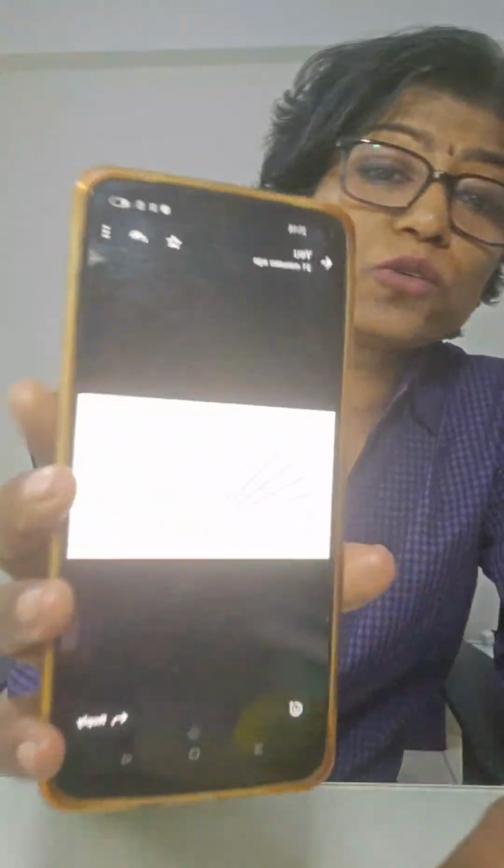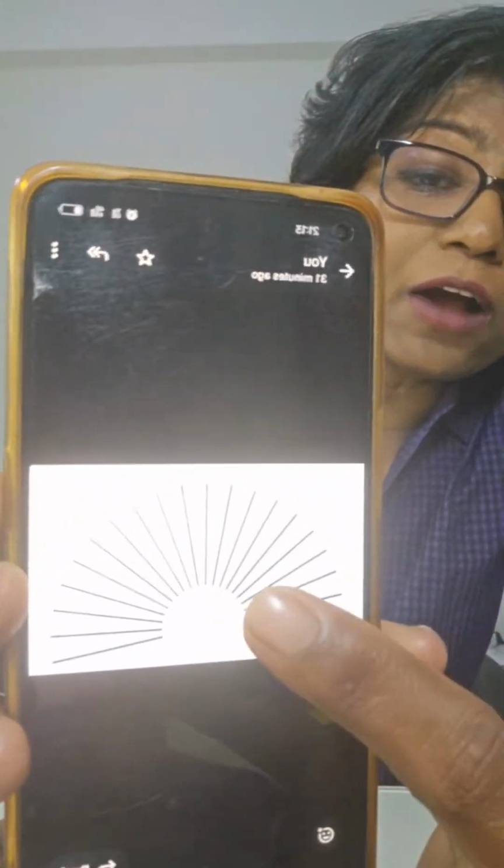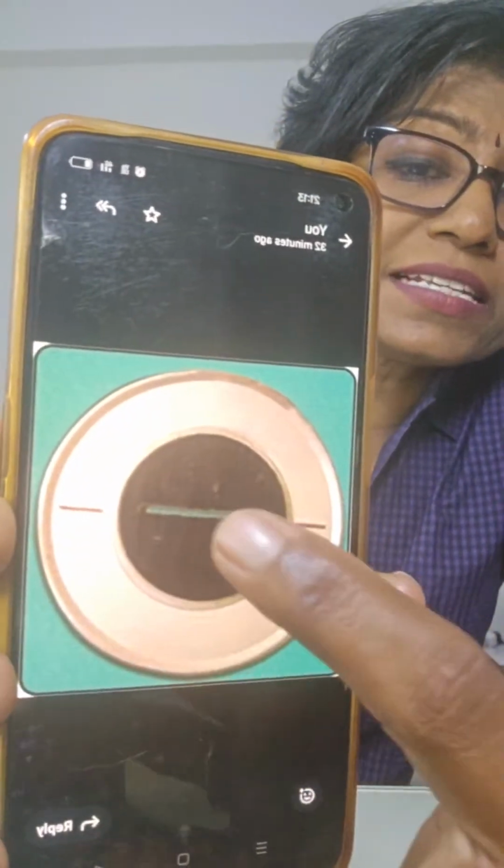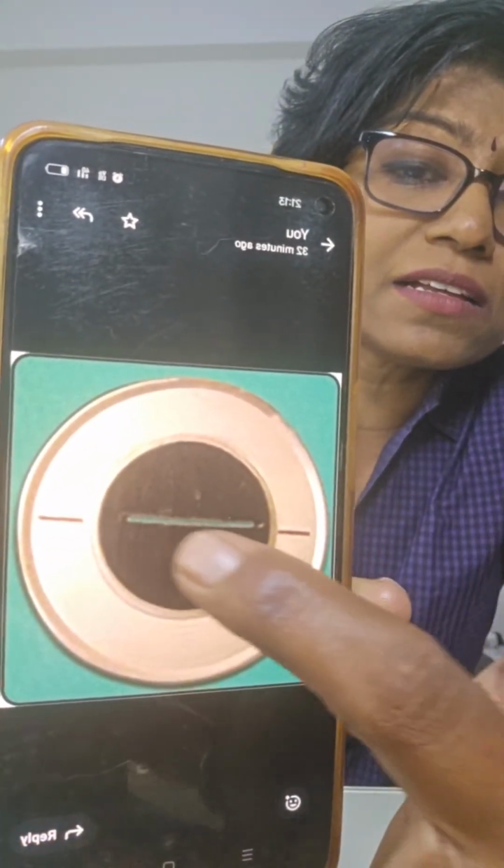Stenopic slit, yes. So all these I will discuss on another day, but this is how an astigmatic fan will look like, and how to use the astigmatic fan I'll teach you on another day. And stenopic slit is an opaque disc with a central thin slit. So stenopic slit also can be used to find out the axis of astigmatism.